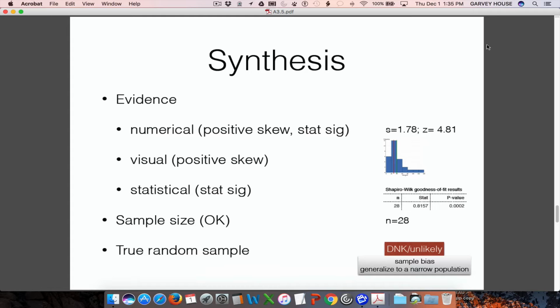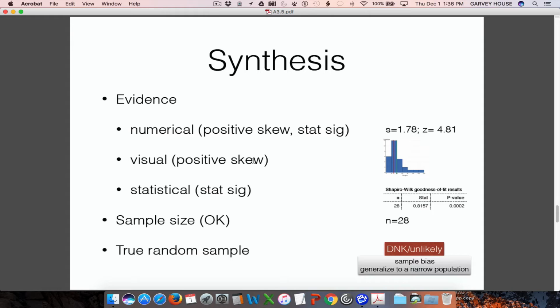So you're going to take the numerical results. Well, there was a positive skew, and the skewness was statistically significant because the skewness statistic of 1.78, which is greater than 1, also had a z-score of 4.81, which is greater than 1.96. So we have evidence of a skew that is statistically significant.